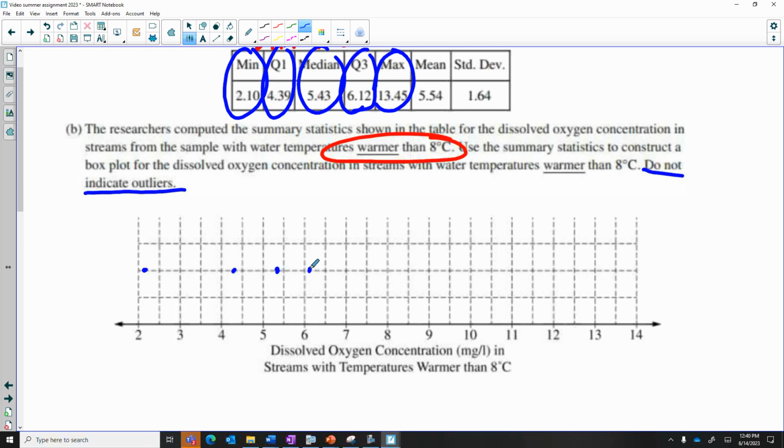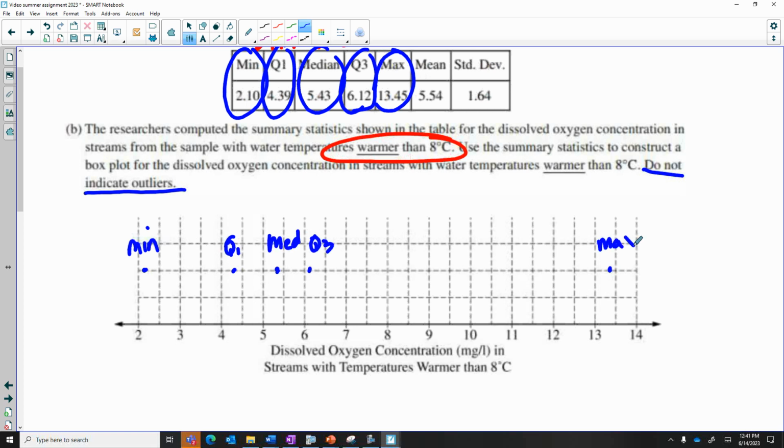Okay, once those dots are all written, you can put little hash marks or dots. I'm just going to write what these are, even though you don't need to write this on the AP: minimum, Q1, median, Q3, and maximum.